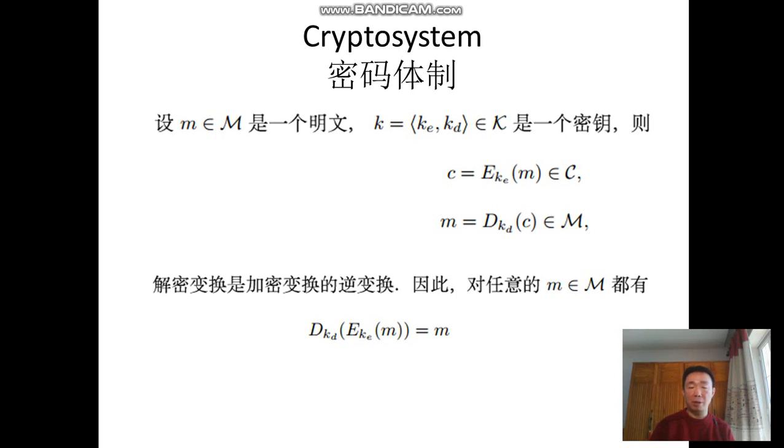The result is C. The ciphertext is transformed by the function D_KD. The result is M. And obviously, when you encrypt a message and then you decrypt the result, you will get the message M itself. So E_KE and D_KD are inverse functions of each other.